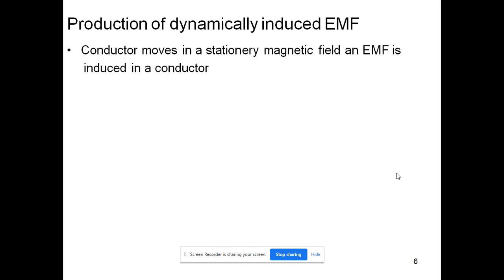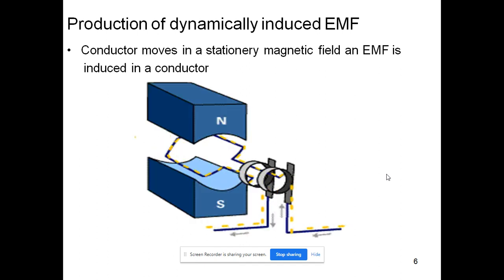The best example for statically induced EMF is transformers. In dynamically induced EMF, conductors move in a stationary magnetic field and EMF is induced in the conductor.